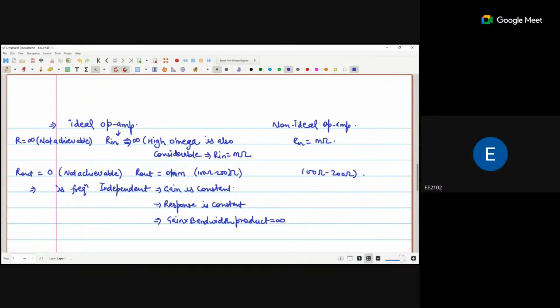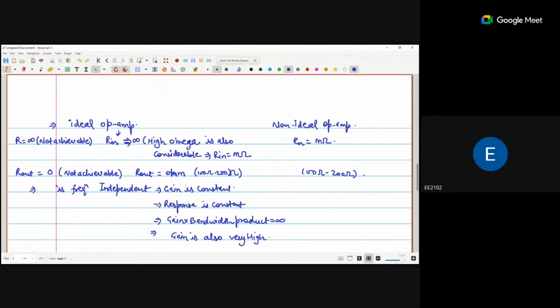What is the gain bandwidth product? The multiplication of gain and bandwidth. And the fourth thing is that the gain is also very high.